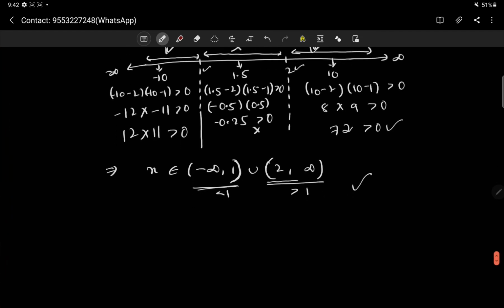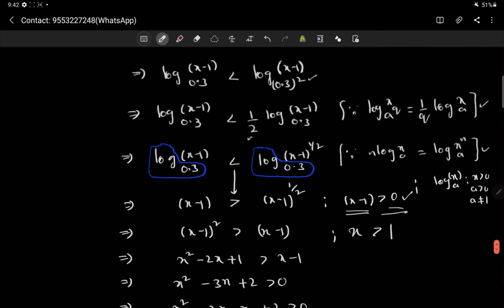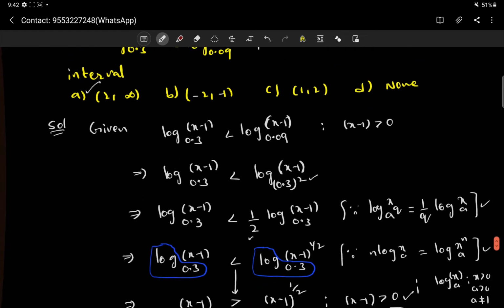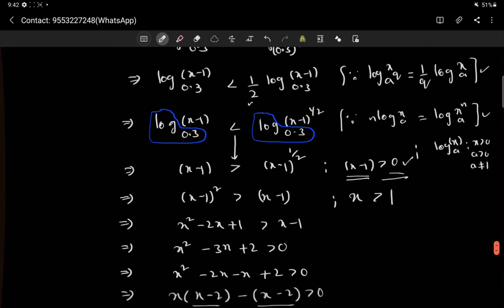Which values? 2 to infinity values can be taken. So finally, x belongs to 2 to infinity. These are the values of x. So 2 to infinity you have in the first option, therefore the first option is correct. This is a problem based on increasing or decreasing functions.